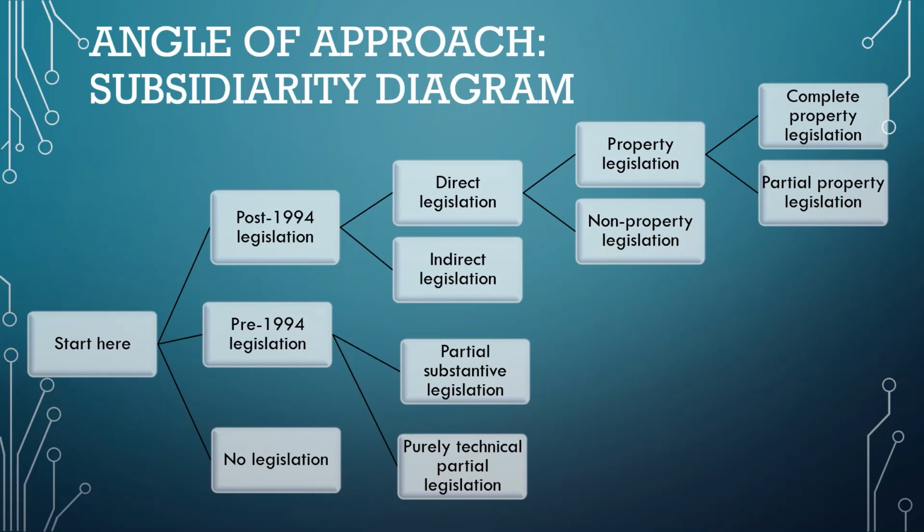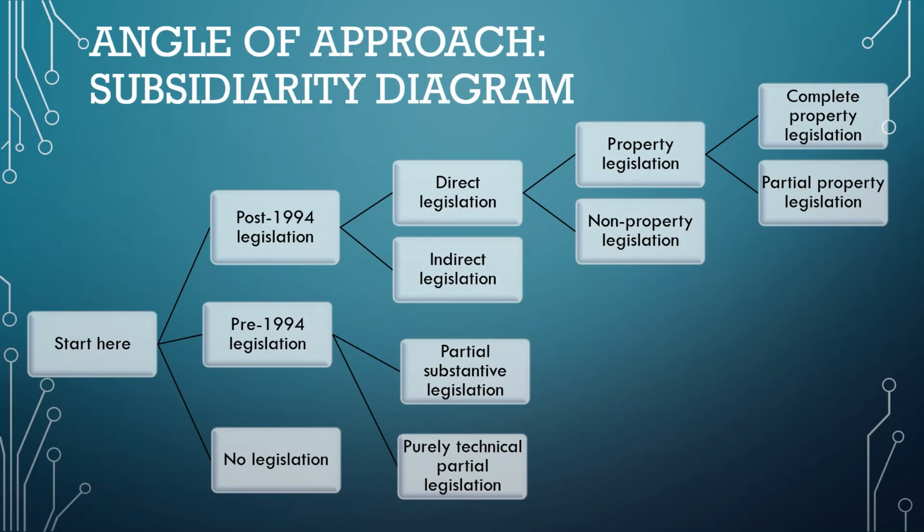This refers to legislation that was specifically enacted to give effect to a right in the Bill of Rights other than Section 25 of the Constitution and other than property-related provisions in the Constitution.